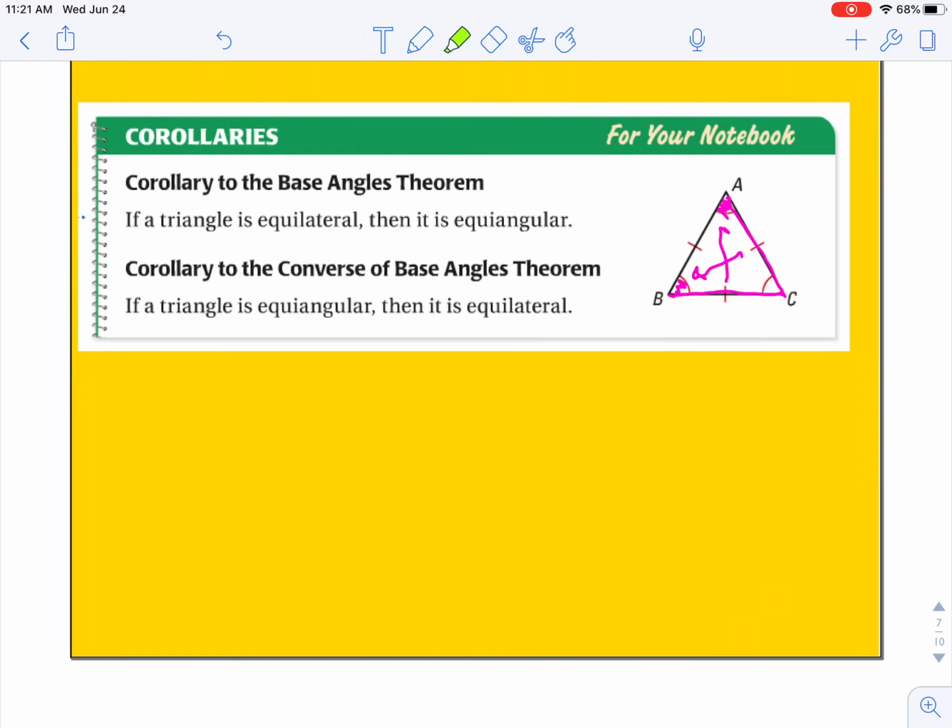But if we look at two different sides, this side is congruent to this side, then the angles directly across from them would also be congruent, and that makes all three sides congruent. And then the converse is also true. If all the angles are the same, then the sides across from them will also be the same.